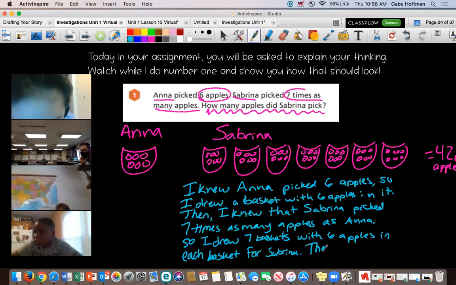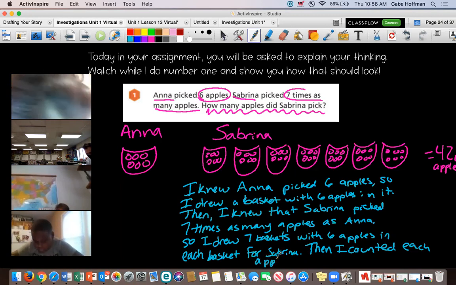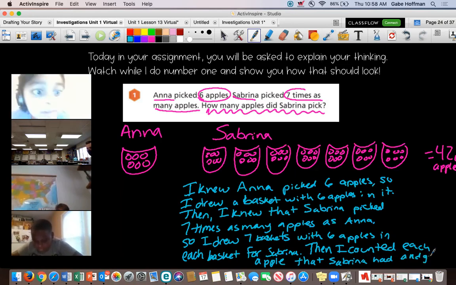Then I counted each apple that Sabrina had and got 42 apples.